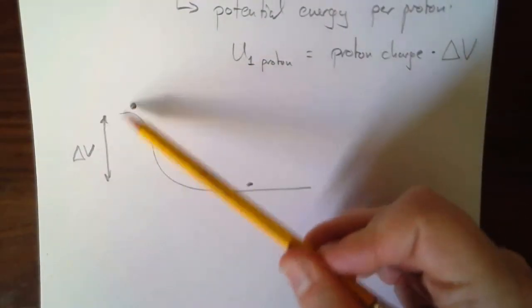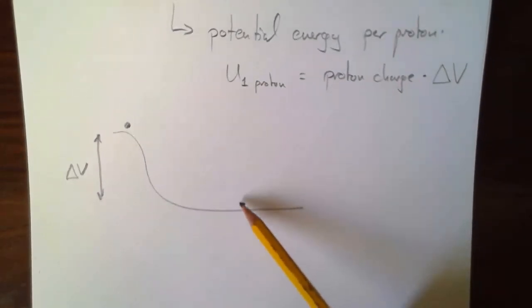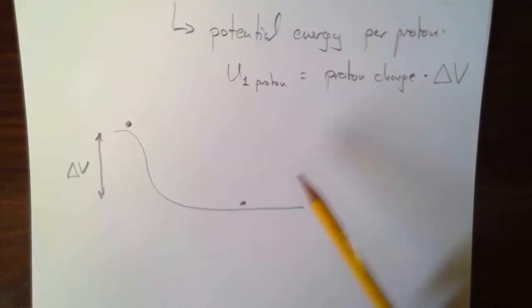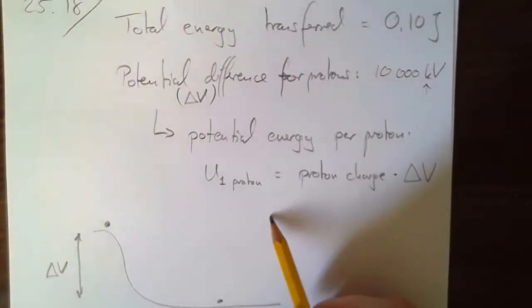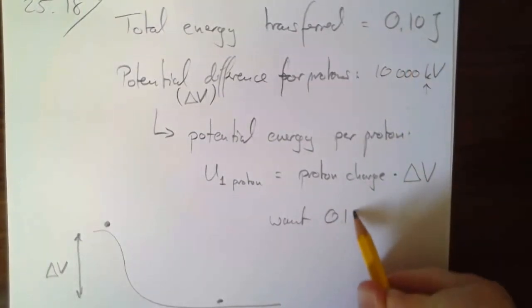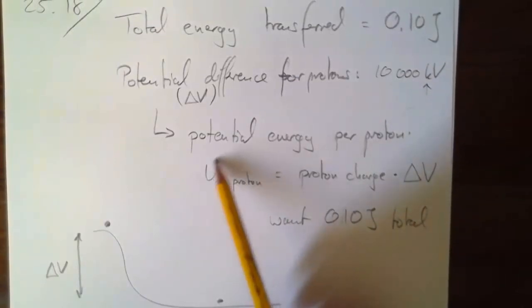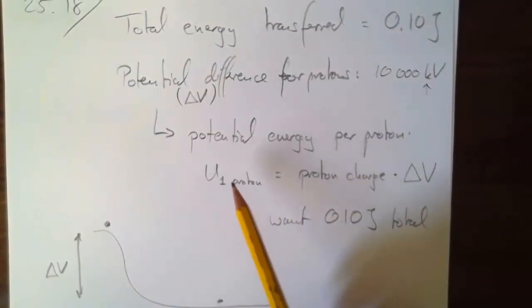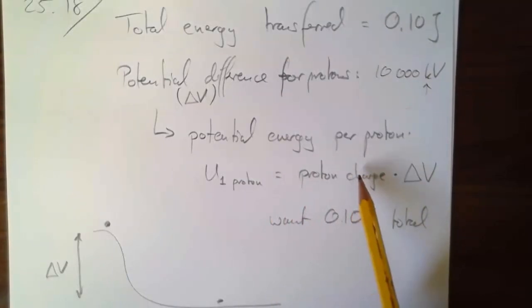Okay, so we've got this potential difference. We're rolling this down the hill, and so we get a certain amount of potential energy, so a certain amount of kinetic energy per proton. Right? We know we want 0.1 joules, or whatever your value is, total. We know the potential energy that's turned into kinetic energy for each proton.